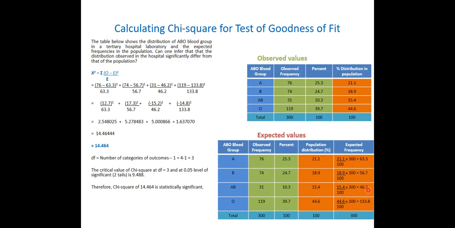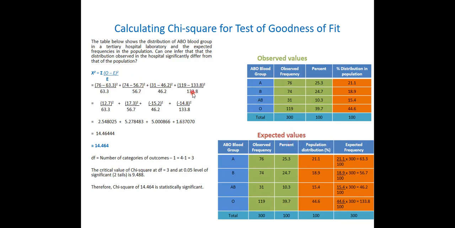So now, the same formula: chi-square is observed minus expected, squared, over expected. If you do it, 76, which is your observed, minus 63.3 for A, squared, over 63.3. It's not percent, 63.3. That's for group A. For blood group B, 74 observed minus 56.7, squared, over 56.7.